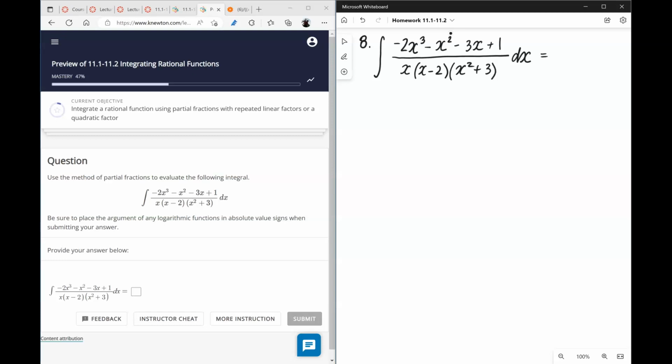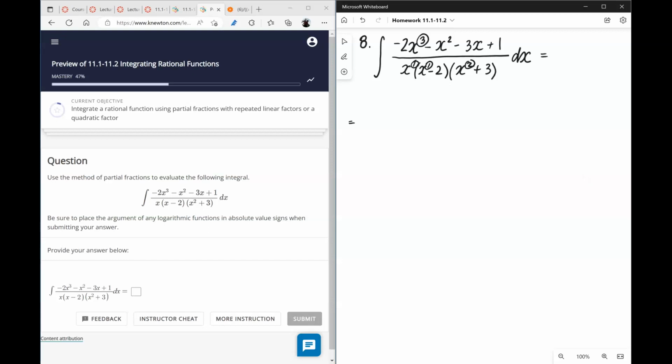But to us in calculus, what matters right now is that this rational function is proper, meaning the degree of the numerator is less than the degree of the denominator. So we compare the degrees of the polynomials in the numerator and the denominator. Now, because it's proper, and I would assume it's reduced, hopefully, right?